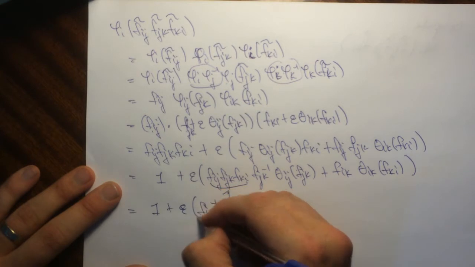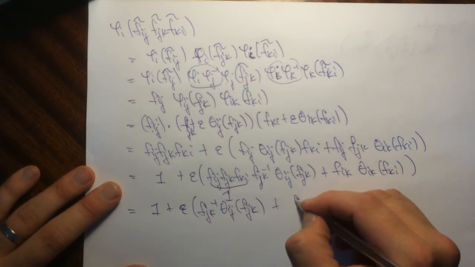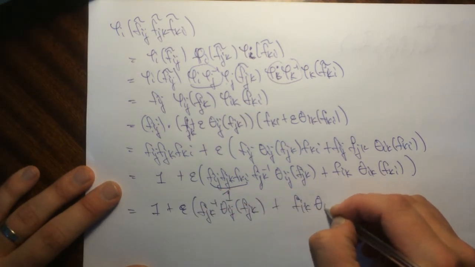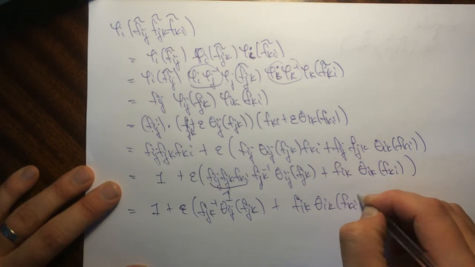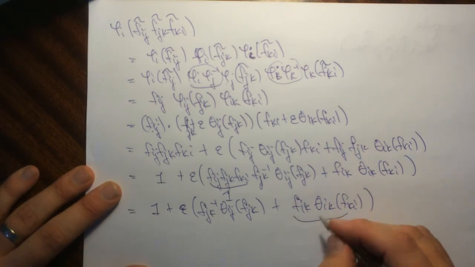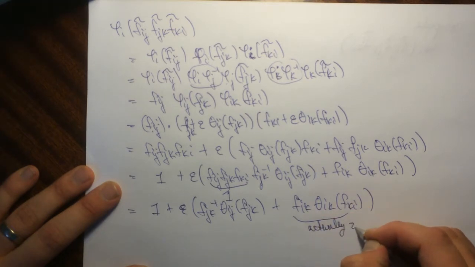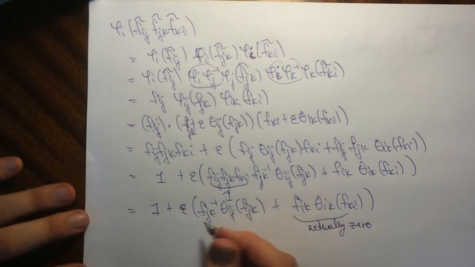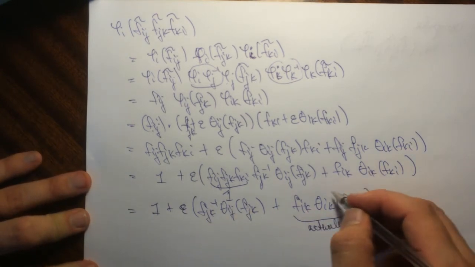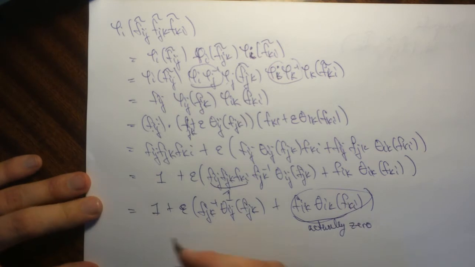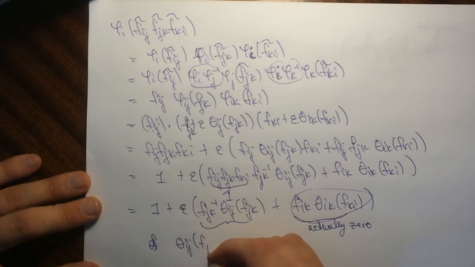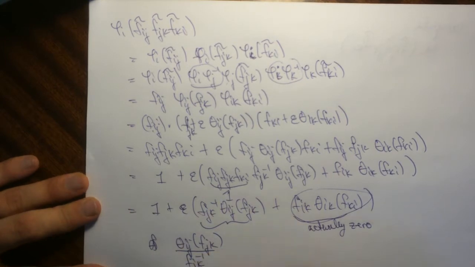Okay, here plus, and then we're going to have this thing over here, ik, and I'm going to claim that this term here is actually 0. But here, let's suppose this is 0 for the moment. If this is 0, then we can see that this thing looks like theta ij of fjk over fjk inverse here.